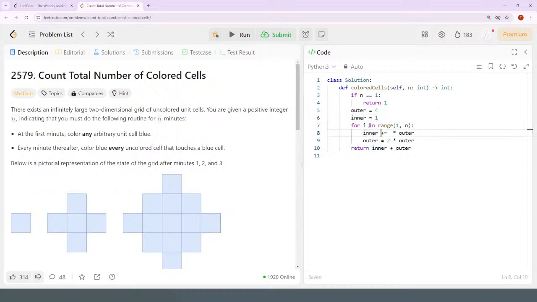So your inner, and the next one is equal to your inner plus your outer. And then your outer, and the next one is 2 times your previous outer. This one contributes 1, 2, 3, 4, 5, 6, 7, 8, 9, 10, 11, 12.